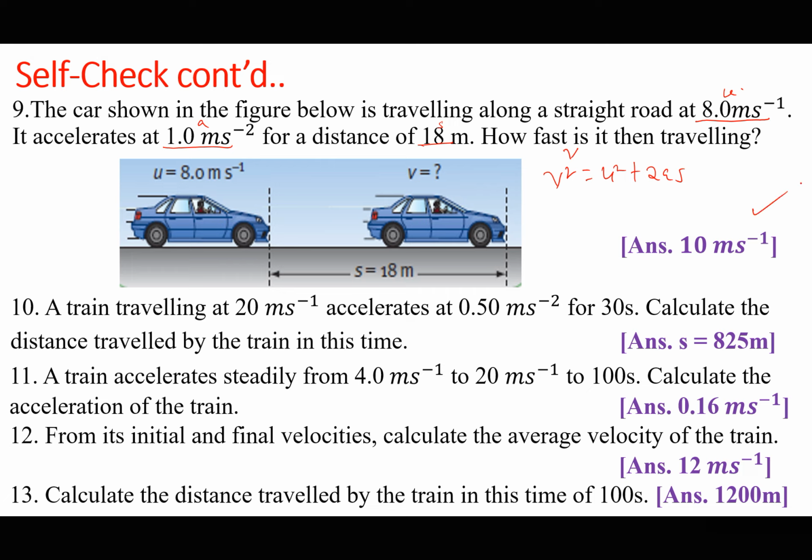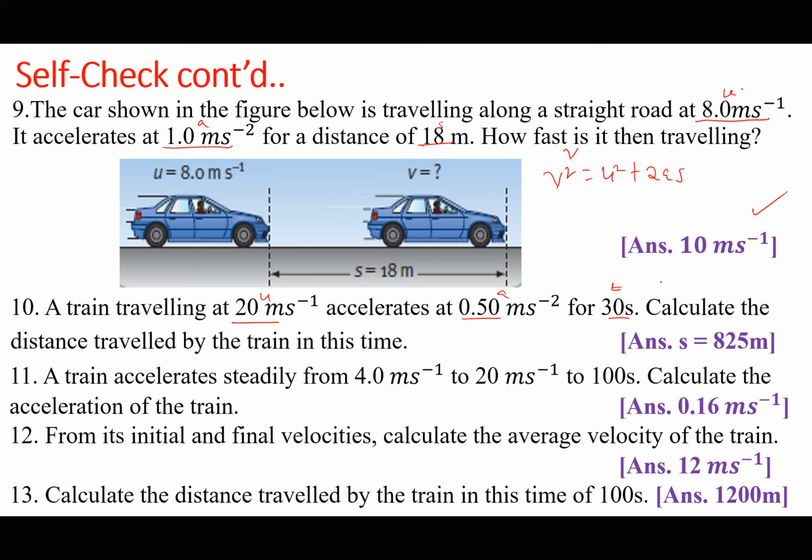A train traveling at 20 meters per second accelerates at 0.5 meters per second squared for 30 seconds. Calculate the distance traveled by the train. So we have this is going to be the initial velocity, acceleration, and this is t.